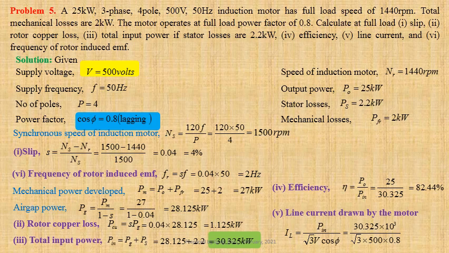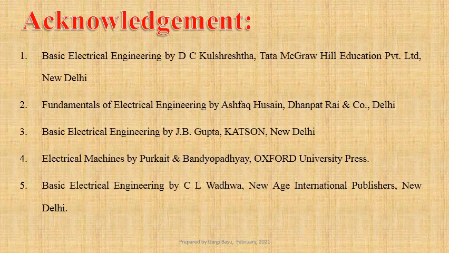That gives us 43.7704 ampere. So today we have solved a couple of numerical problems on three-phase induction motors.